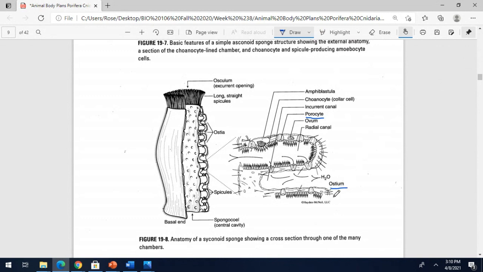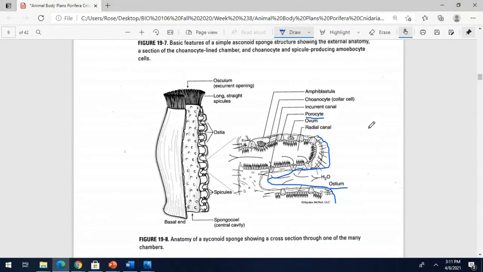When you have these kinds of grooves like ostia, it increases the surface area for more water to be brought into the inside of the sponge with the food. The inside of the sponge is called the spongocoel or atrium. So this is the sponge in its functions and its cells.